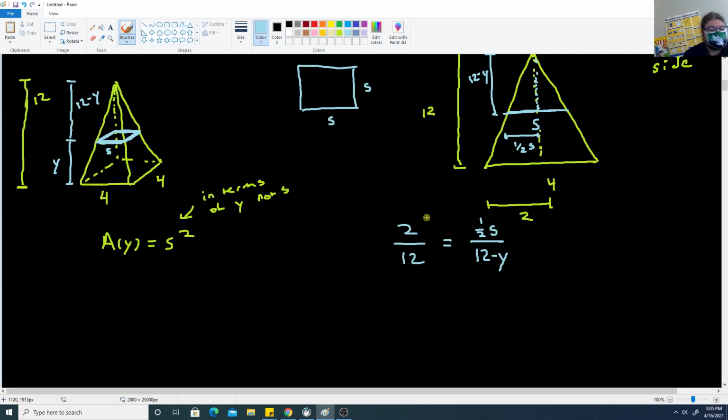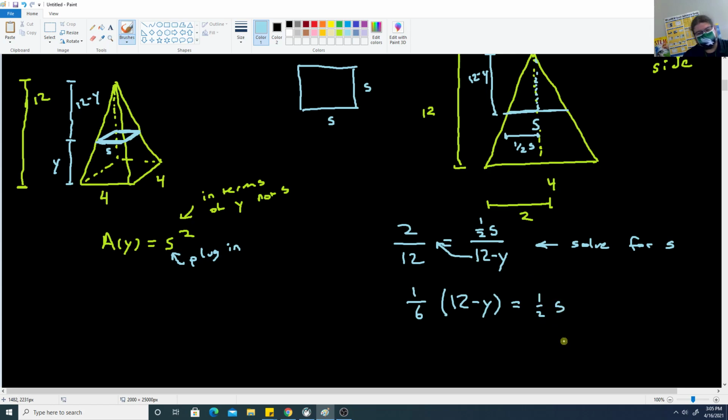Now we're going to solve this equation for s. Once we know what s is, we can go over here to this s squared and plug in. So 2 over 12 is 1/6. That equals 1/2 s over 12 minus y. I'm going to multiply it across first, so 1/6 times 12 minus y will equal the 1/2 s that's still up there.